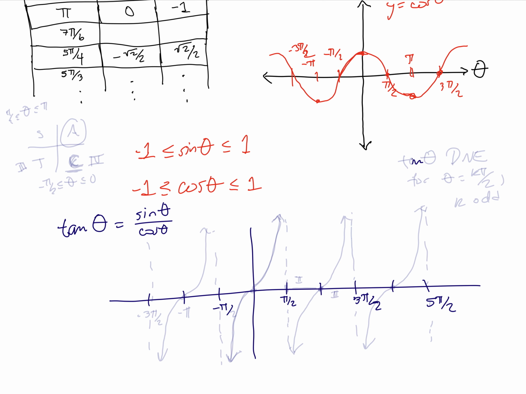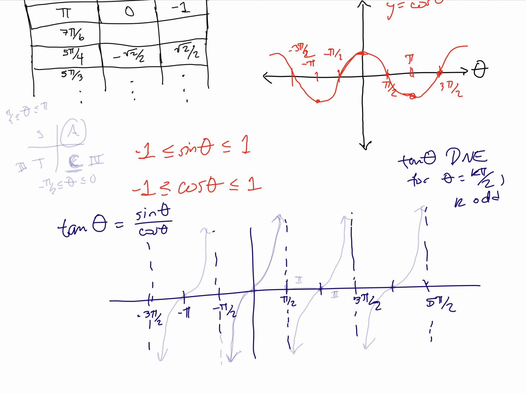Here's negative pi over 2, negative 3 pi over 2, and so on. For each of those odd multiples of pi over 2, tangent of theta is going to have a vertical asymptote. So tan theta does not exist, or is undefined, for theta equals k pi over 2, k odd.